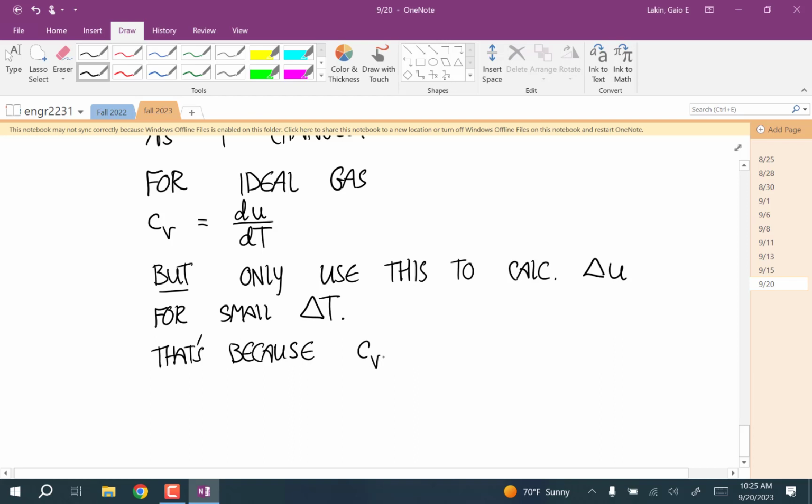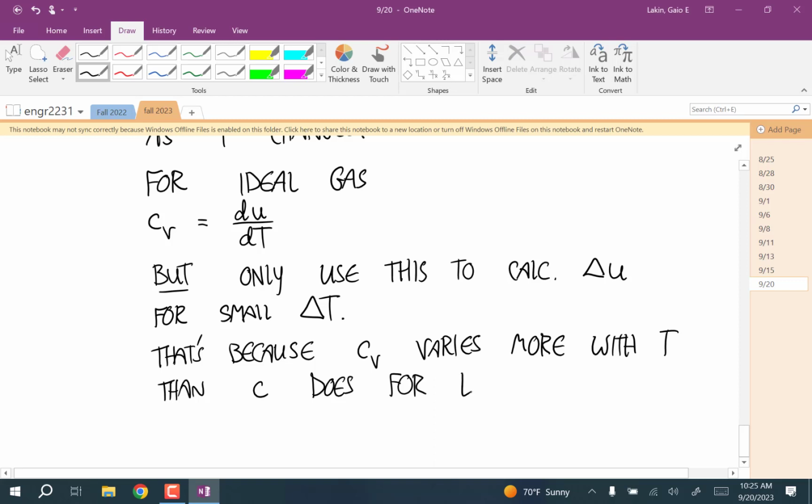That's because C sub V varies more with temperature than C does for a liquid.